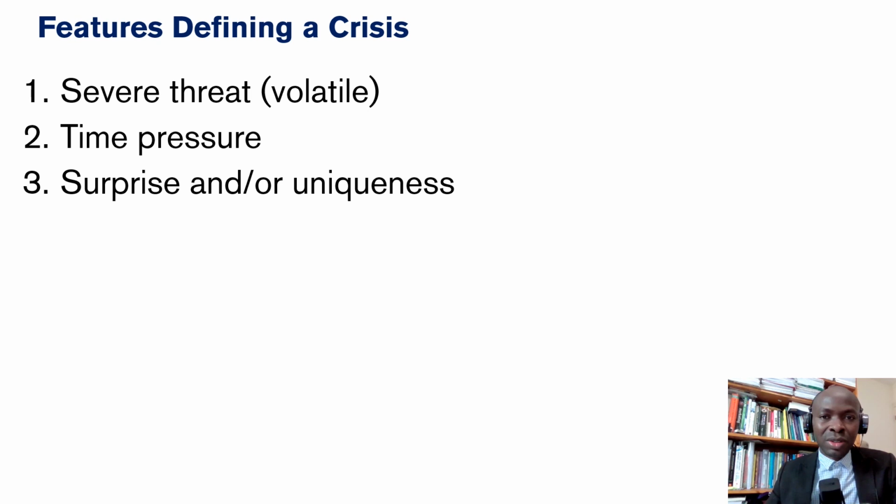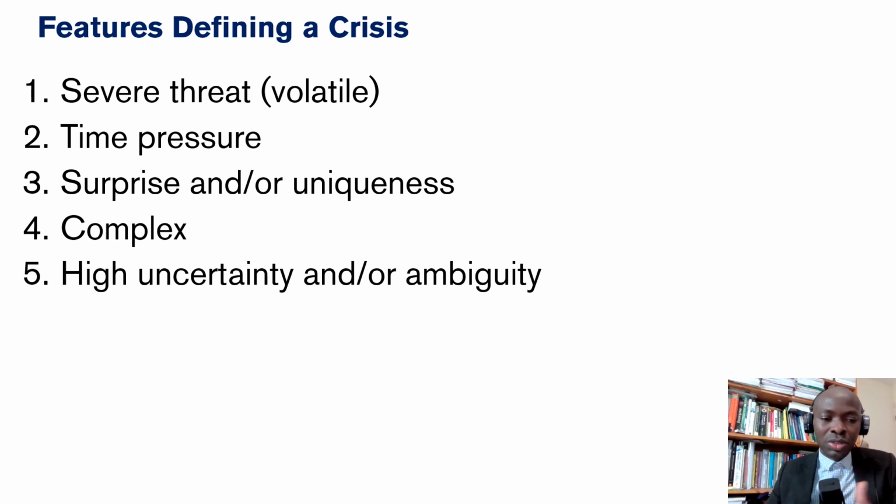Some crises are very unique in the sense that most organizations have not experienced them previously, and it poses a new surprise to leaders as they try to figure out what exactly they need to do to mitigate or manage the impact of that particular crisis from exploding. Of course, it could also be very complex as a result of some of the points I've already mentioned. So complexity is another factor.